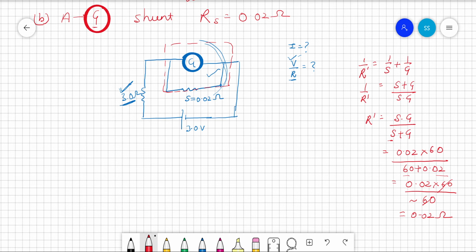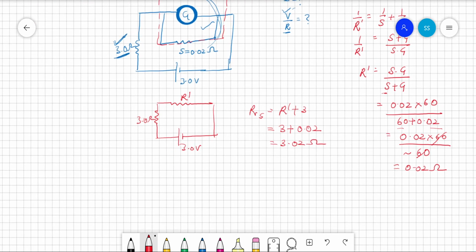Clear? It means this R dash is connected with a 3 ohm resistance in series and a potential difference of 3 volt. So my R series will become R dash plus 3 ohm, which equals 3.02 ohm.